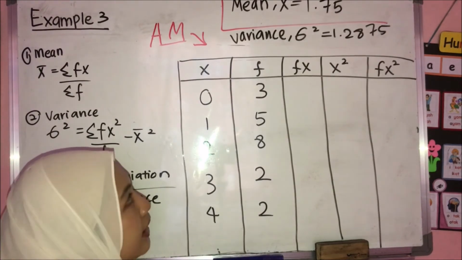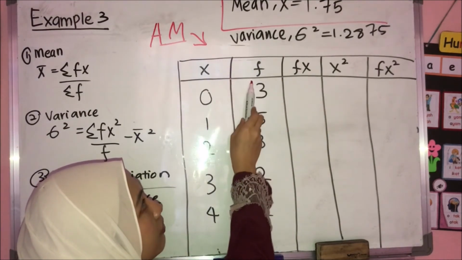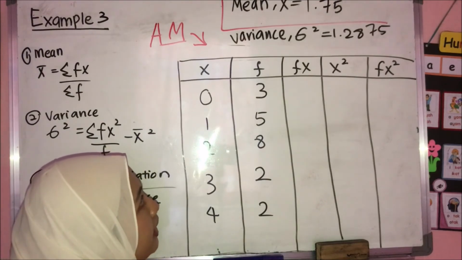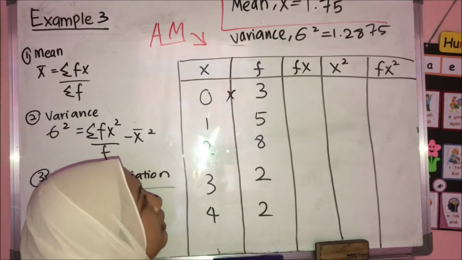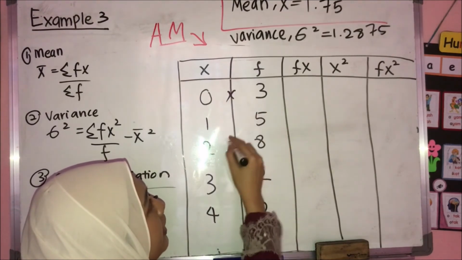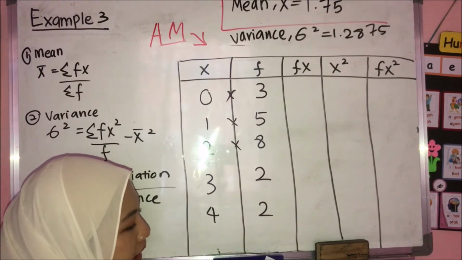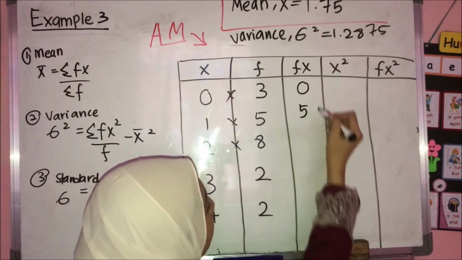What is fx? fx is the data multiplied by frequency, which means 0 multiplied by 3, 1 multiplied by 5, 2 multiplied by 8. So we got 0, 5.